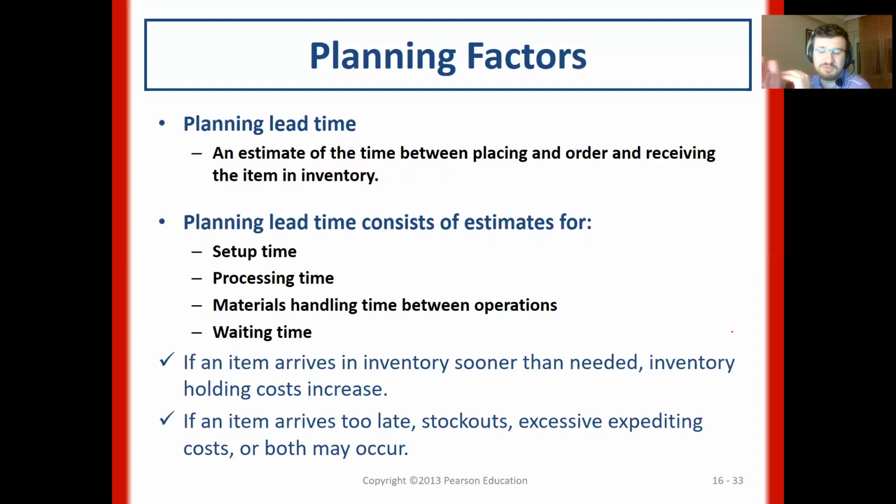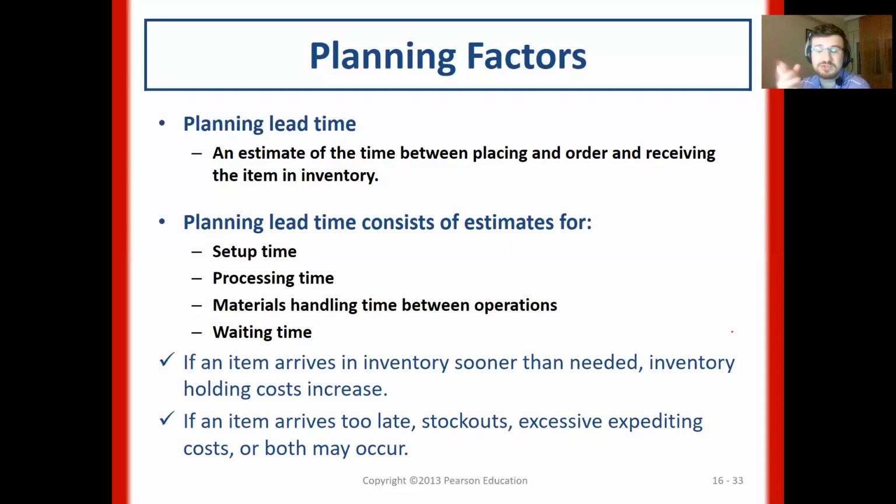This is true if we purchase goods from our suppliers, but we might also produce our components, our sub-assemblies in the same plant. Then the lead time will be the time between placing an order to the workshop for the production and then receiving that item in my storage area, okay? So planning this lead time might be a little bit difficult if you are going to produce in your own shop, okay?